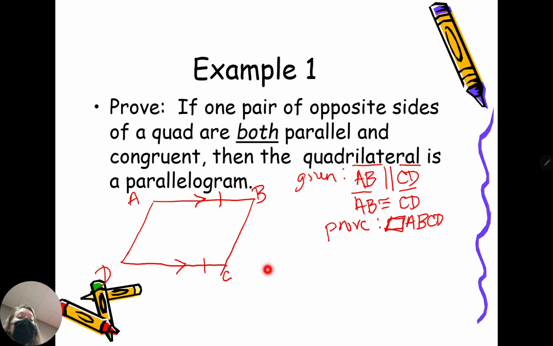If we have these two parallel, we could either use AB as the transversal, or we could use DC as the transversal. Therefore, if I can prove that angle D is supplementary to angle C, then I can prove that I have parallel lines, because then we have same side interior angles that would be supplementary. All right, so we're going to use our parallel lines that we already have and go ahead and do that.